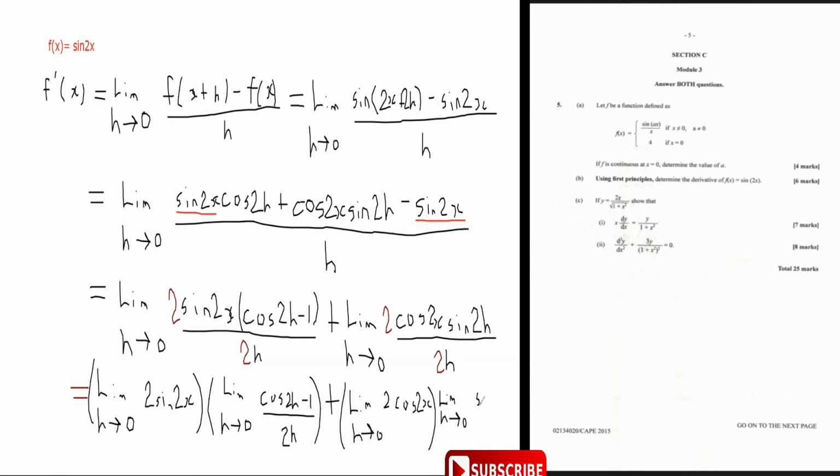This is now sine 2h over 2h. All right, that's what we have.